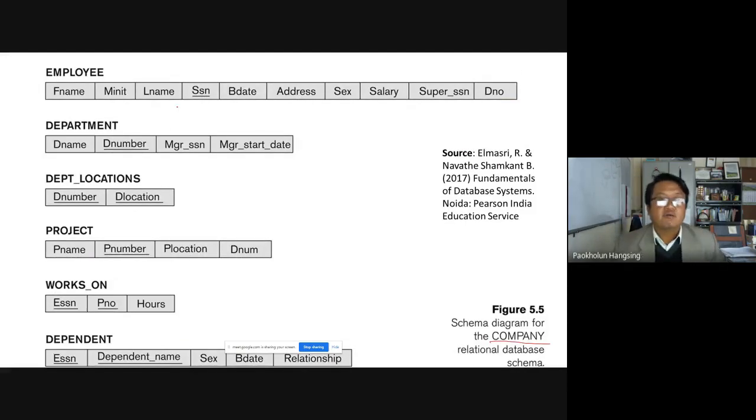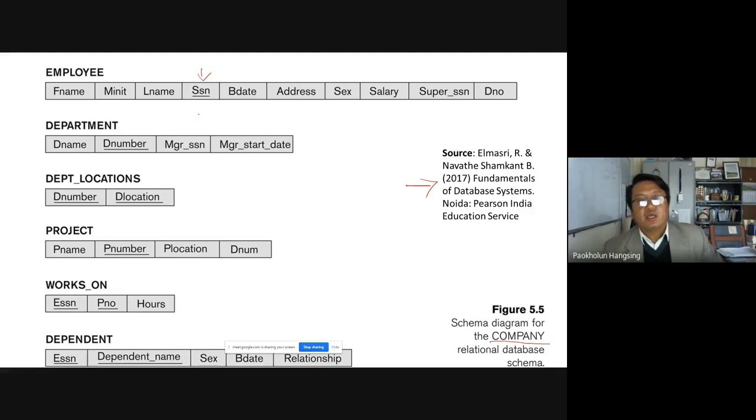For example, here the primary key of employee is underlined. This is one convention used in this book, Fundamentals of Database Management System, which I am referring to. Here you will see that it is underlined. If it is underlined, it means that this is the primary key, which will be unique for each tuple and used to identify each tuple.